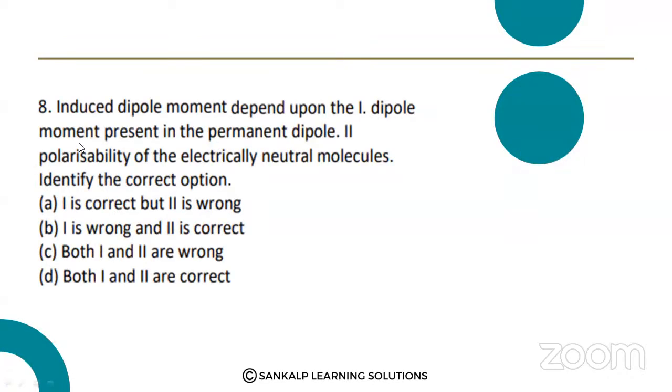Next, induced dipole moment depends upon, first, the dipole moment present in the permanent dipole, and second, the polarizability of the electrically neutral molecules. Identify the correct option. A, 1 is correct but 2 is wrong. B, 1 is wrong and 2 is correct. C, both 1 and 2 are wrong.